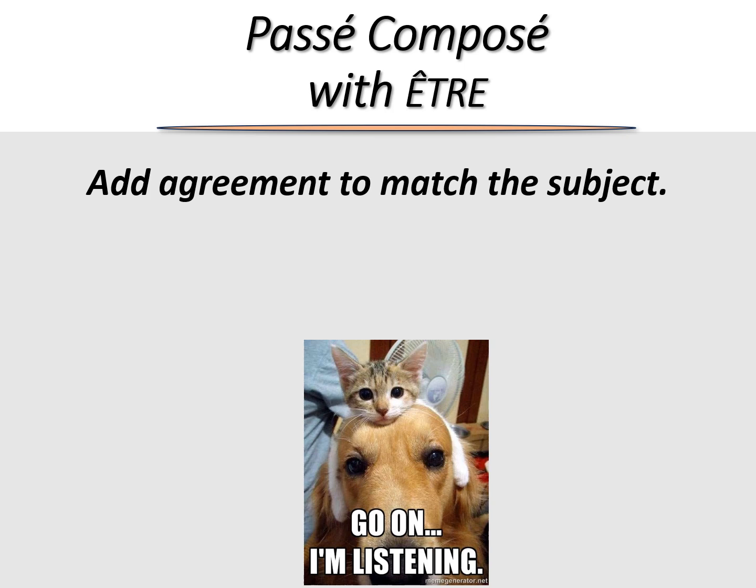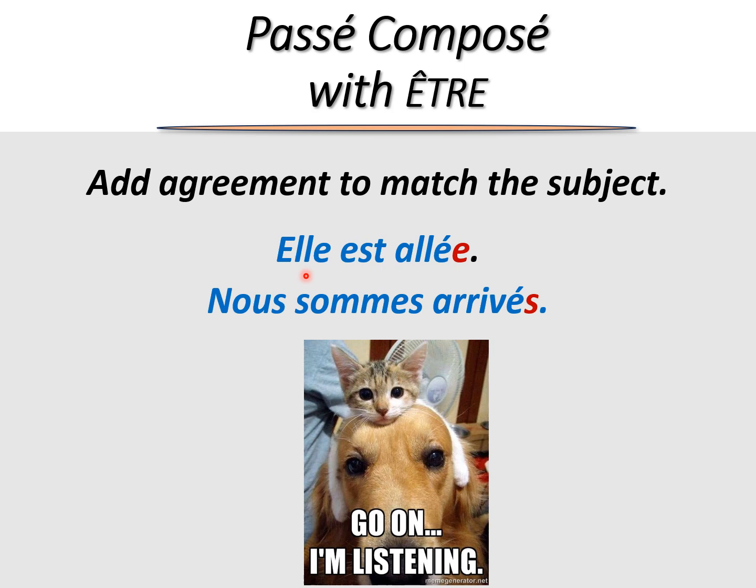This is familiar? Yes, we did this a few weeks ago. So, for example, she went. Elle est allée. We added an extra e here to match the subject elle. Nous sommes arrivés. We add the s at the past participle because nous is plural.